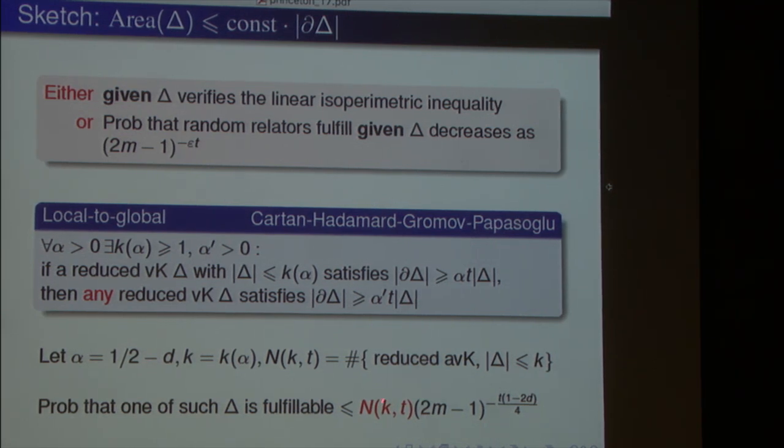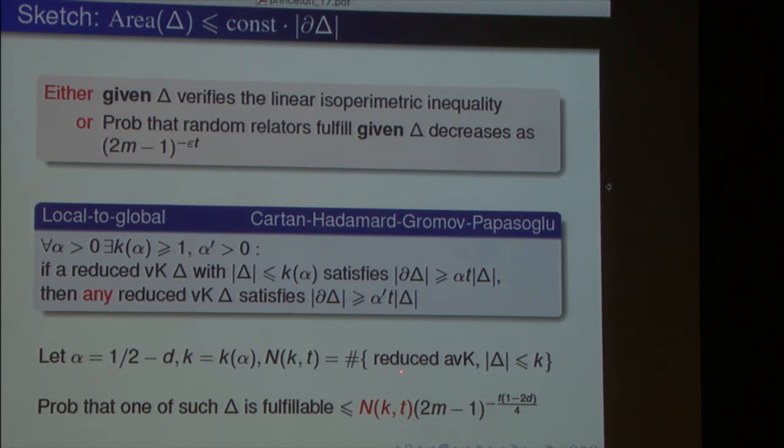So this number I need to estimate, because I know that the number of faces is maximum k. Each face has length, the length of each relator is t, but I don't know how many. So if this number is very big, I'm a little bit in trouble, right? Because this is decreasing exponentially, but this I don't know. So if it is very big, then I don't have a result. So I really need to estimate this number.